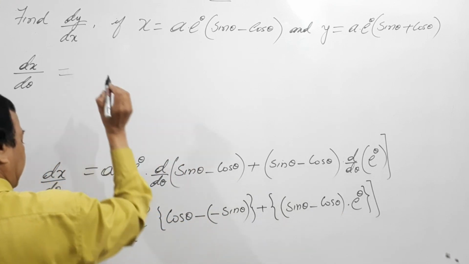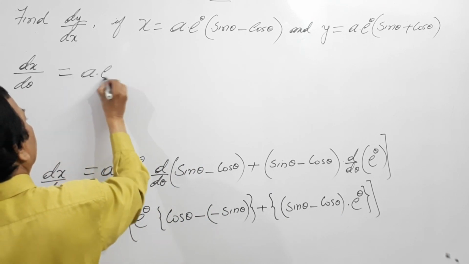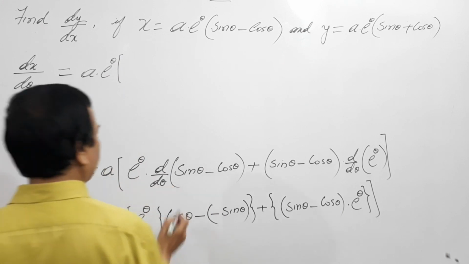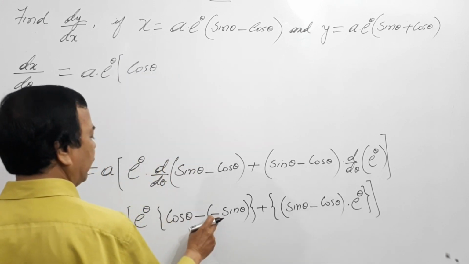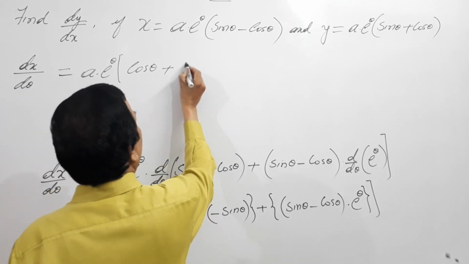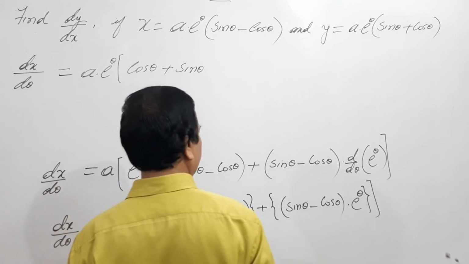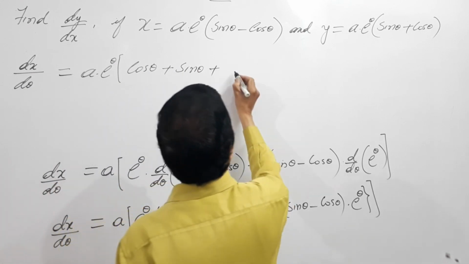So that becomes a into e to the power of theta, I have taken it common. So this becomes cos theta, minus into minus becomes plus sin theta. You have plus sin theta here.